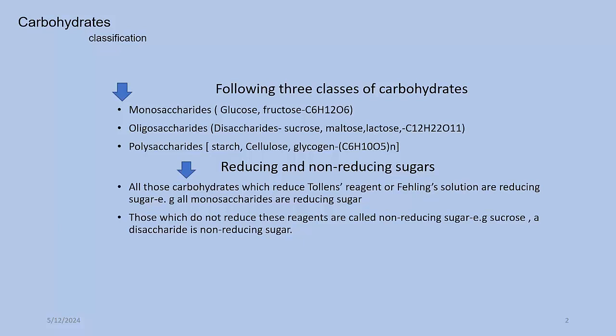For example, all monosaccharides are reducing sugars, such as glucose, fructose. When Tollens reagent or Fehling solution is added to sucrose, it does not get oxidized. That means it is a non-reducing sugar.